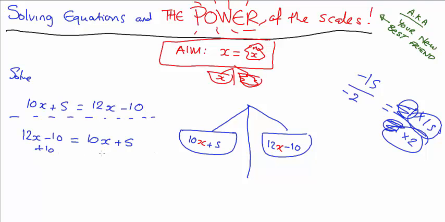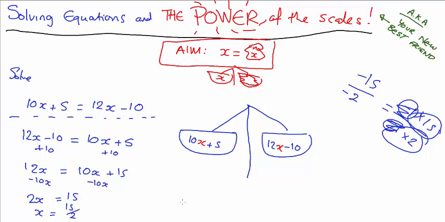You would have added 10 to each side, so now we're at 12x equals 10x plus 15. Then you would have taken 10x away from this side. 12x minus 10x is 2x equals 15. Then you divide by 2. You get 15 over 2.